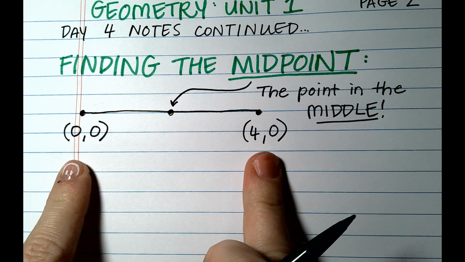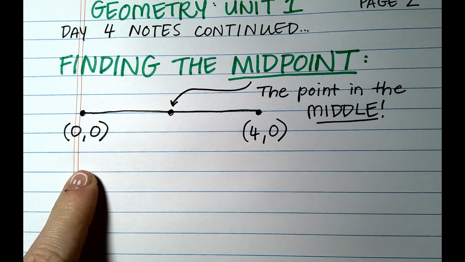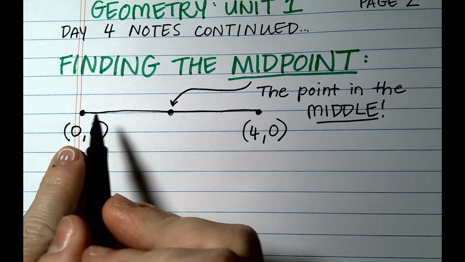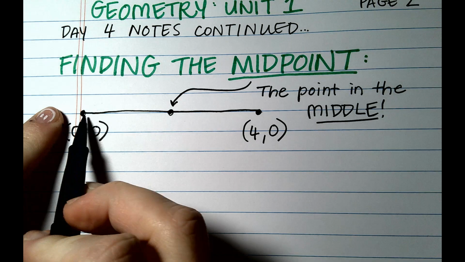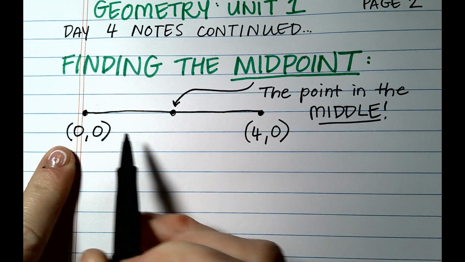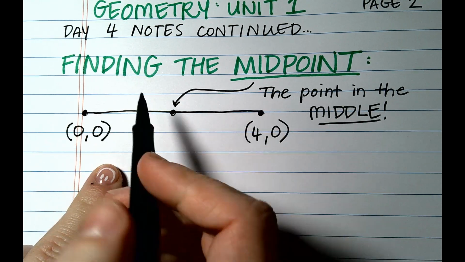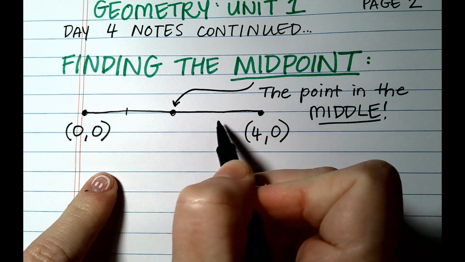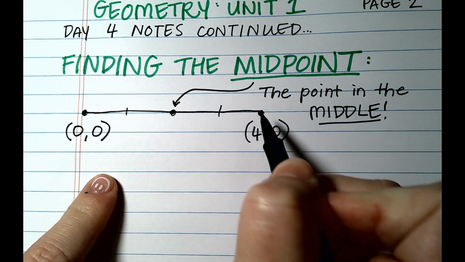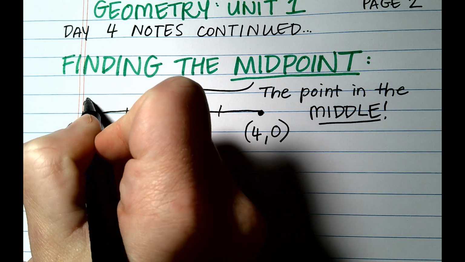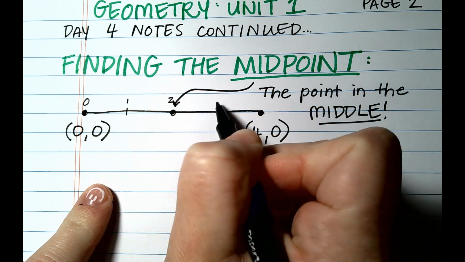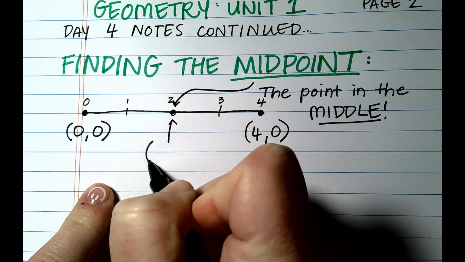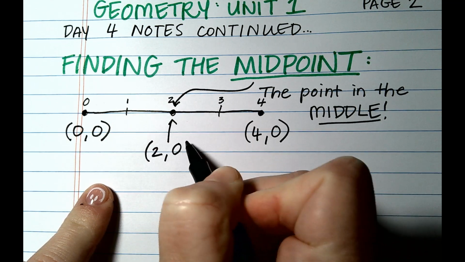Does anybody know what the midpoint would be? 2, 0. 2, 0. The reason for that is because 2 is right in between 0 and 4. We would have 0, 1, 2, 3, 4. So I can show you that 0, 1, 2, 3, 4. The midpoint would be 2, 0.